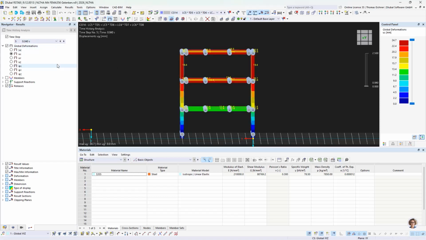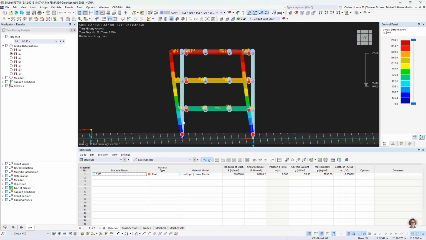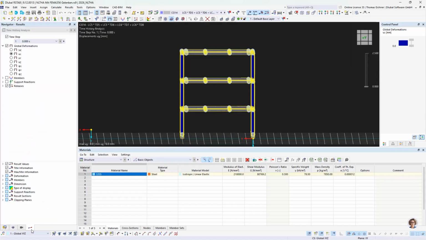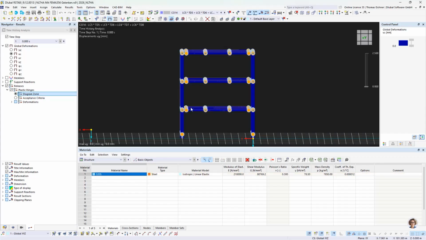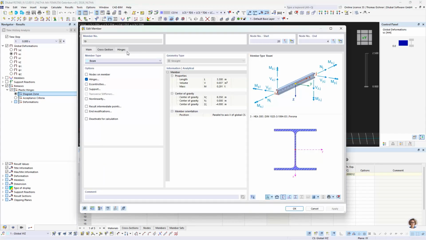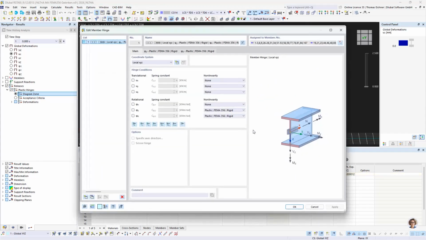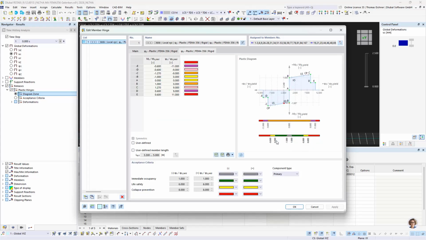We can start the animation, and there we will see how it's going to go for the left side. We can see the acceptance criteria changing. Maybe for the results we can decide if we want to have the acceptance criteria or the diagram zone. I will go for the diagram zone.